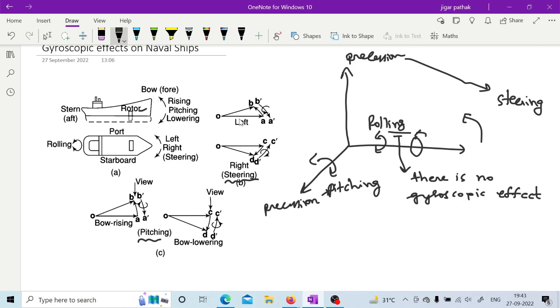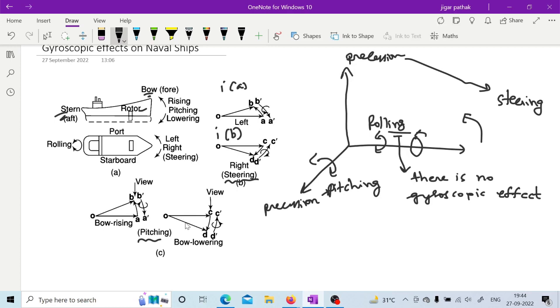In this case 1A, it is similar to what we have discussed: viewing from the rear, in clockwise direction, taking a left turn. So what will happen to the bow and stern? Bow will rise, stern will go down. Okay, correct. Similarly, in case of a right turn, the opposite will happen, right? Correct?